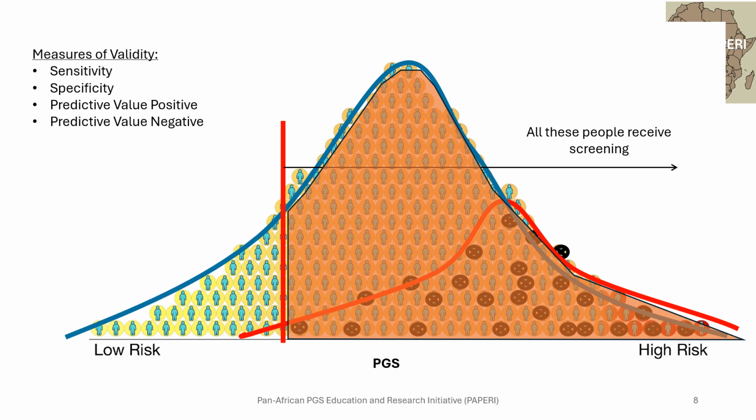Now, when we have these different distributions of our cases and our non-cases, and we're sliding around this threshold as to how to classify people, whether or not to take action, really what we're looking at is these measures of validity from epidemiology. You may have heard about sensitivity, specificity, predictive value positive, and predictive value negative, right?